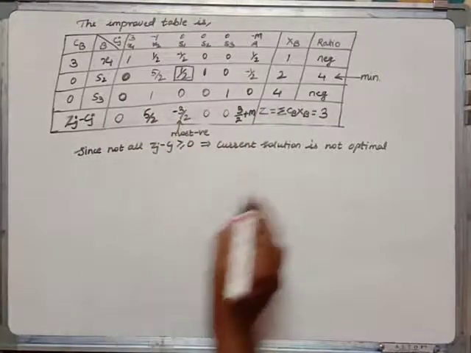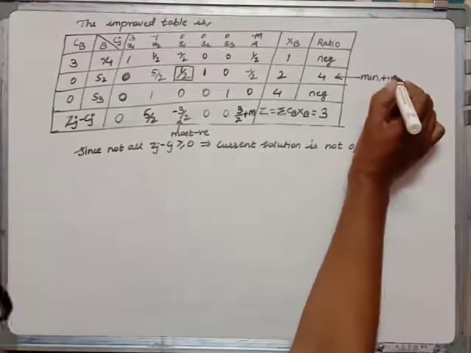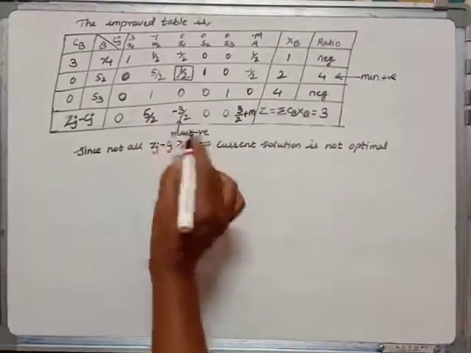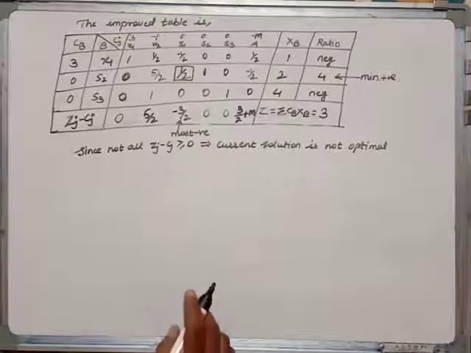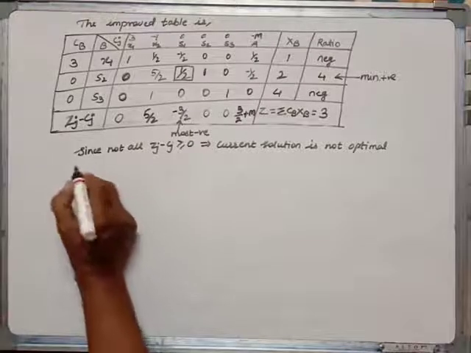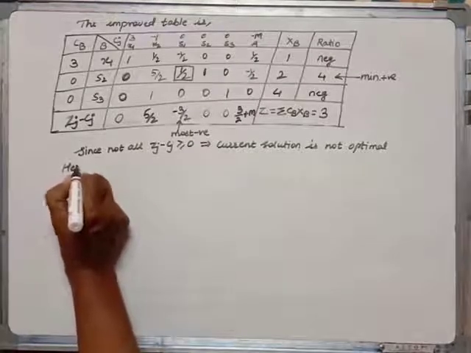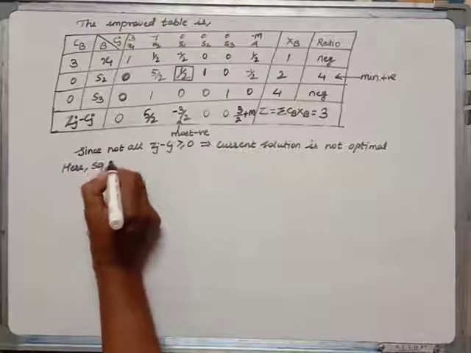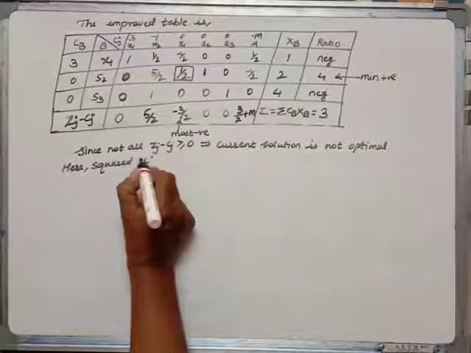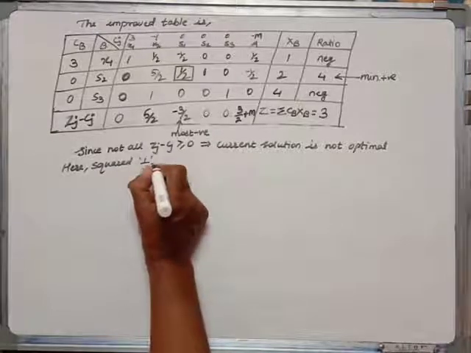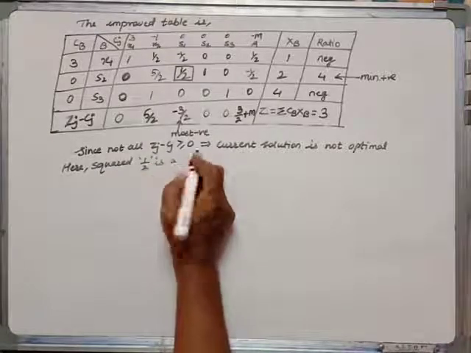This pivot element we have to make 1 and the other respective entries of that column 0. So here 1/2 is the pivot element.